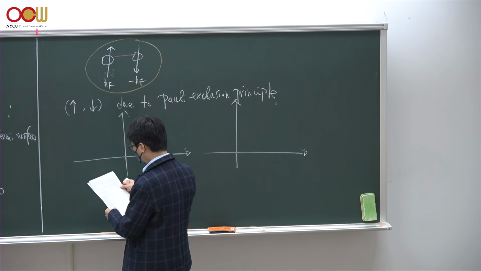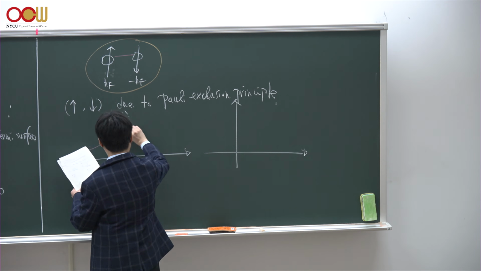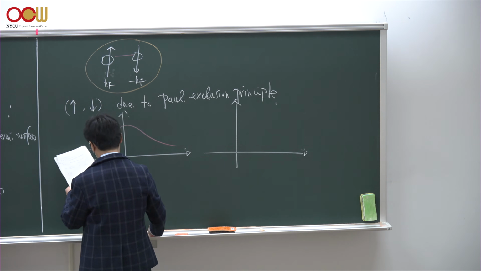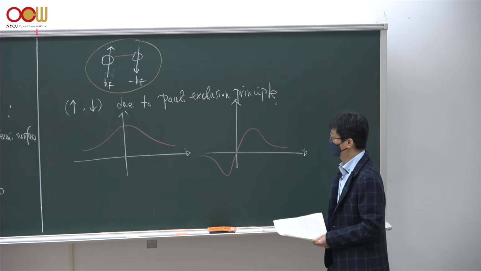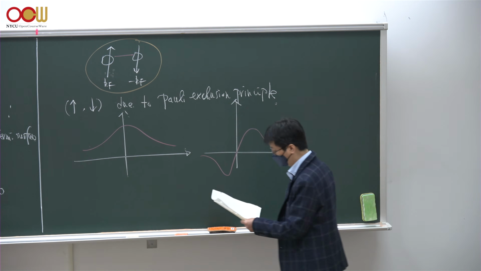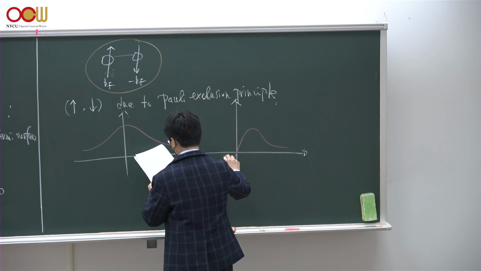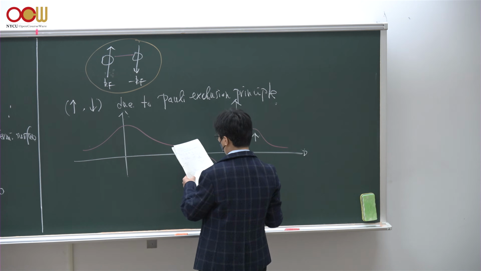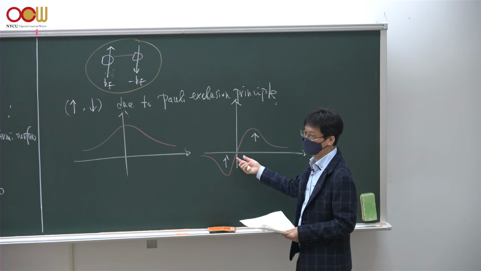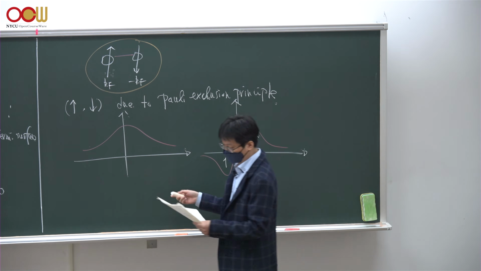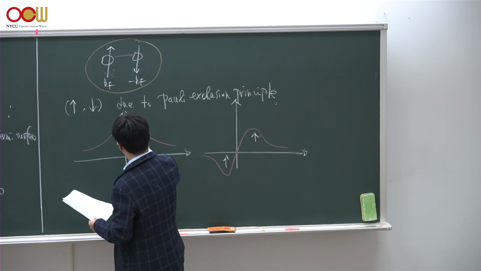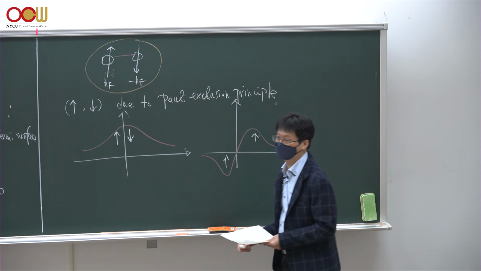So that is the situation here. This is a special dependence of the wave function of the two electrons in two different situations. One is the situation where the two spins are parallel to each other, and another is where the two spins are antiparallel to each other.